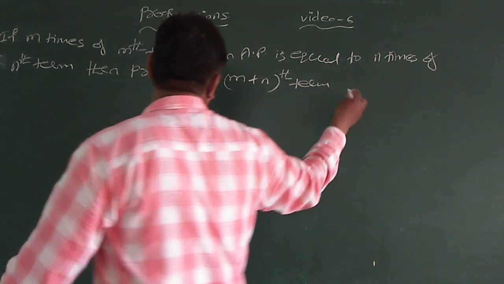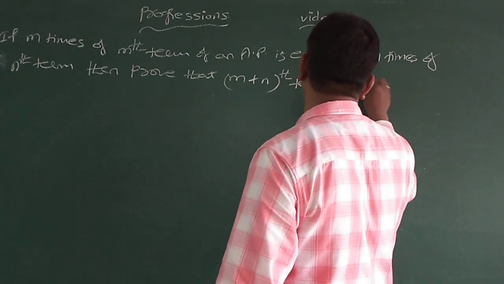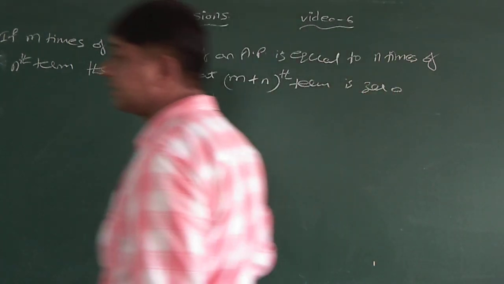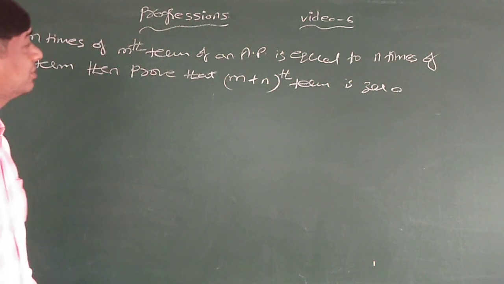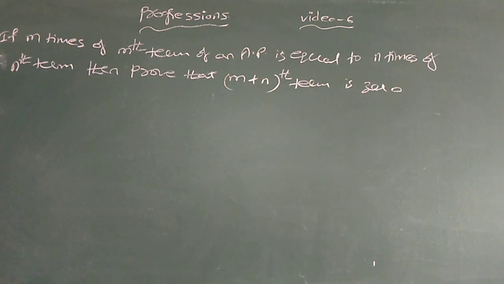The (m plus n)th term is 0. I am proving the general form here.